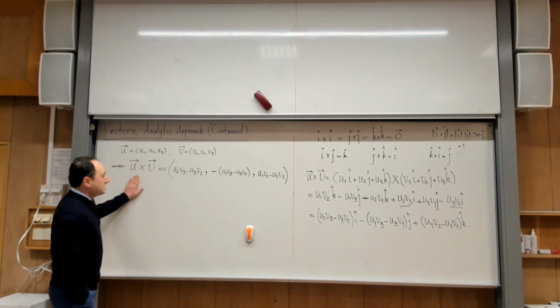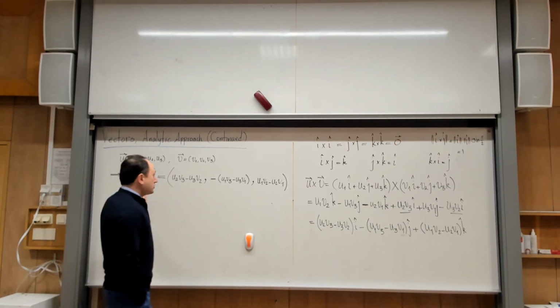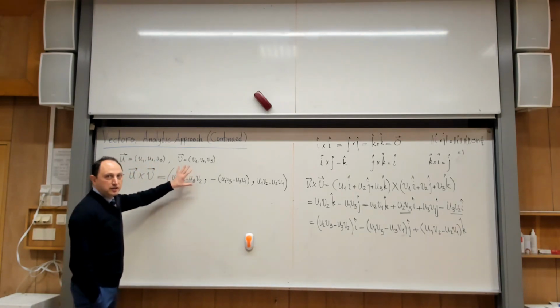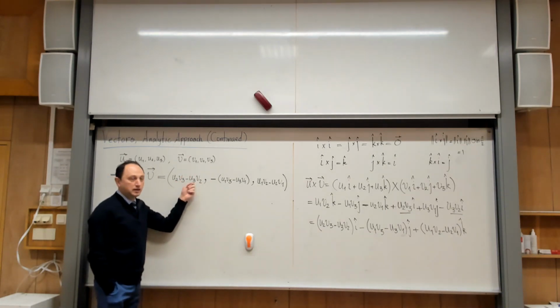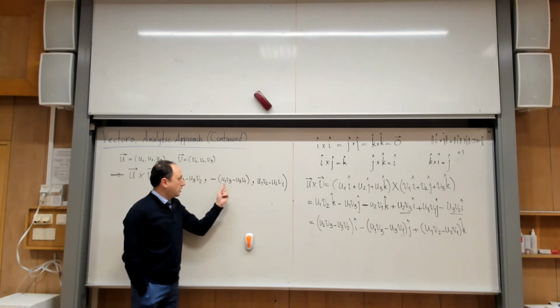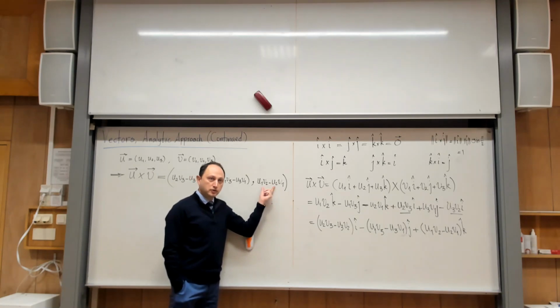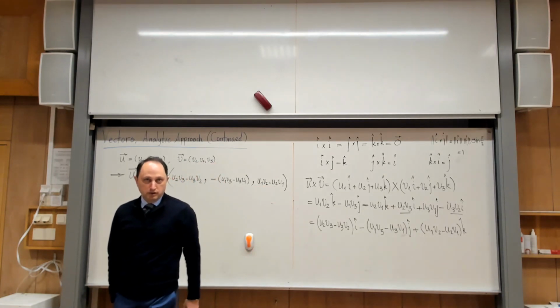Okay, so this is a little bit complicated to memorize. Of course, there is a good order here. When you are writing the first component, no first component appears. When you are writing the second component, components number 1 and 3 appear. And when you are writing the third component, components number 1 and 2 appear. But this is one rule of thumb.